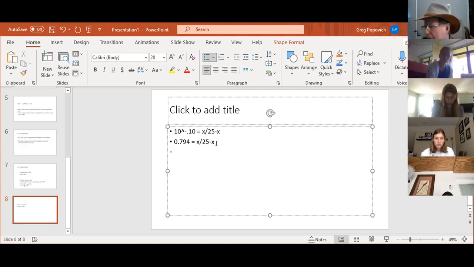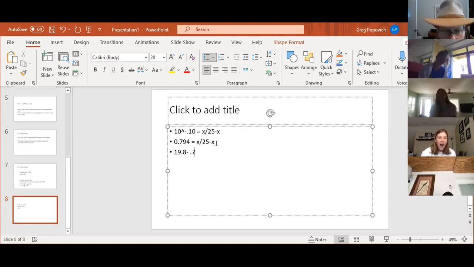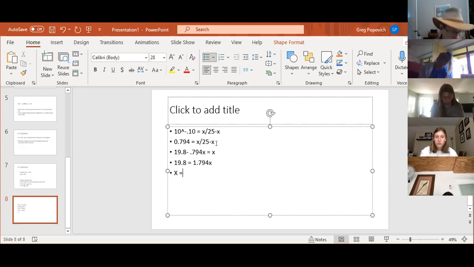So I get 0.794 times 25, 19.8, minus 0.794 X is equal to X. 19.8 is equal to 1.794 X. X is equal to 11.